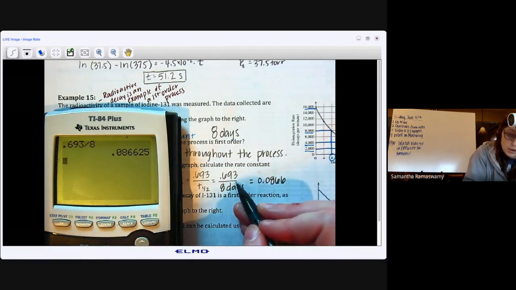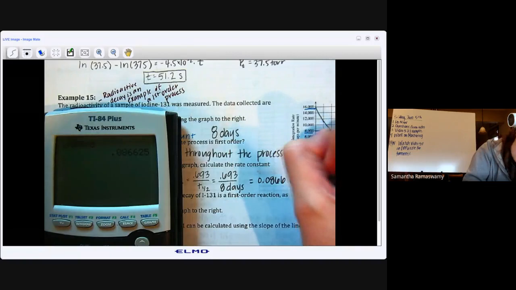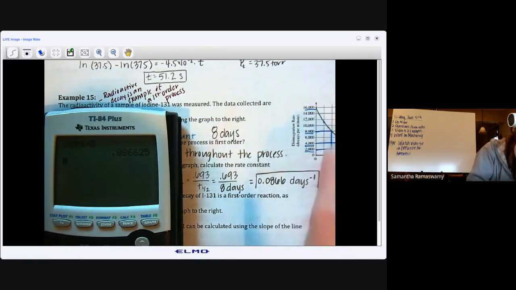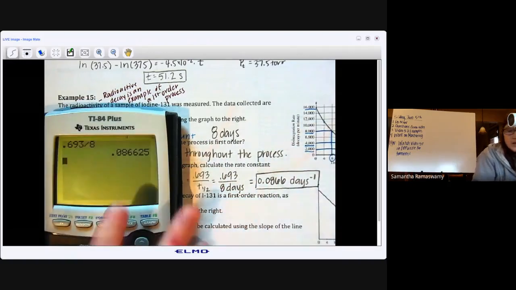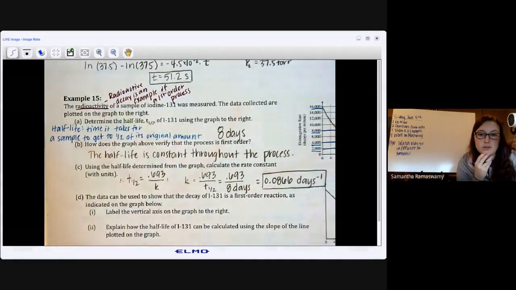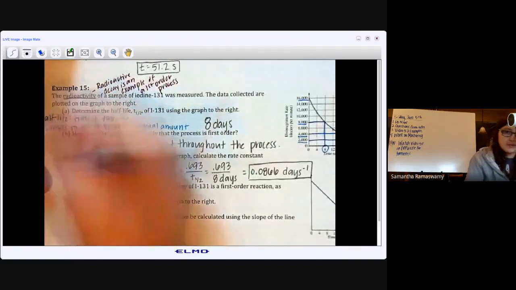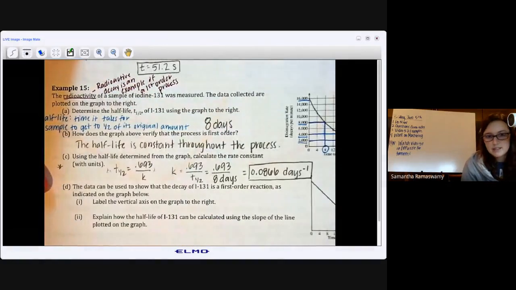So we have per days. Per days is days to the -1. So if you know the half-life, you can find the rate constant. If you know the rate constant, you can find the half-life. That's important. This is a very common type of question that College Board likes to ask.